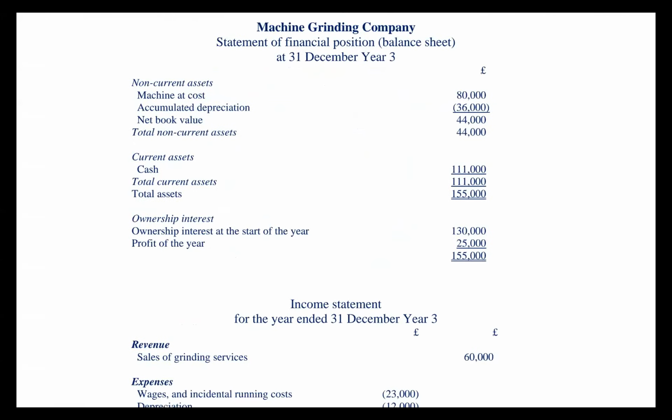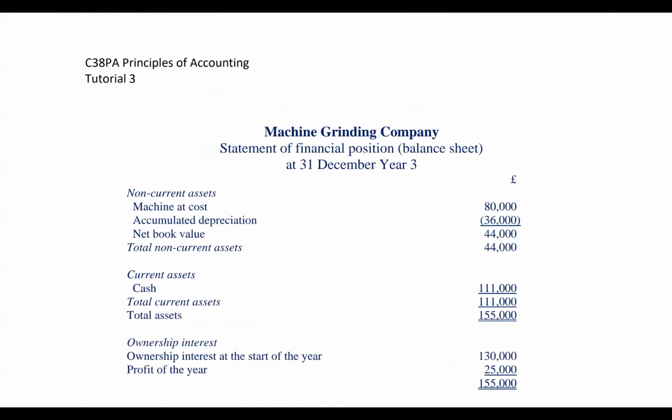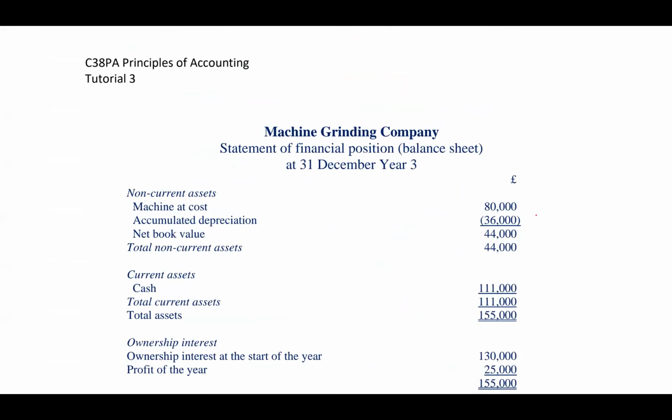Just like the normal financial position that we did from the principles of accounting. You remember those days? Balance sheet is easy. Just put the non-current assets, current assets. If there are liabilities, put the current liabilities, non-current liabilities, and then owner's interest. It is just that easy.